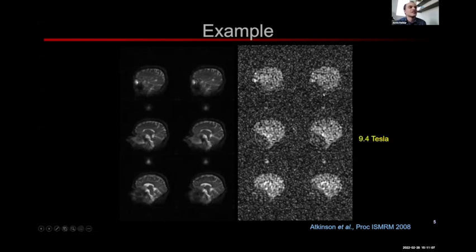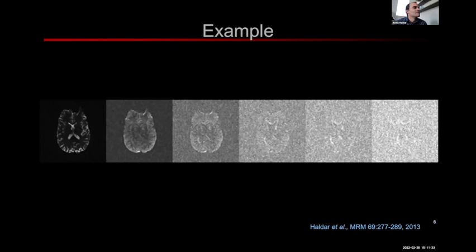The reason it looks so bad is that this is actually an oxygen 17 image. This is naturally abundant oxygen 17, which has really, really low natural abundance. It's a very hard experiment to do. This reference image I showed you, it's also a 9.4 Tesla image, and it looks bad because it's a sodium image rather than the proton images that you may be used to looking at.